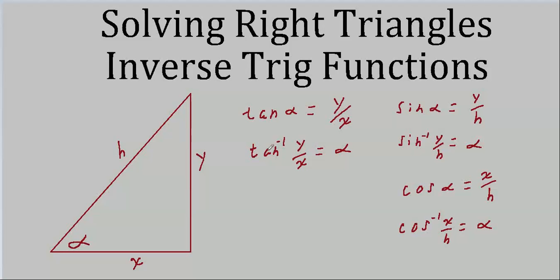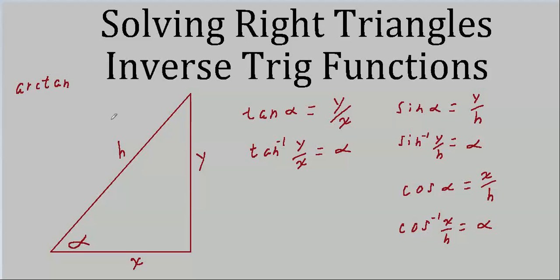And in some books, you will see this term: arc tangent. Same thing. That means the inverse tangent. This is like old-timey talk for inverse tangent. They used to say arc tangent. And the same thing is true for the sine.